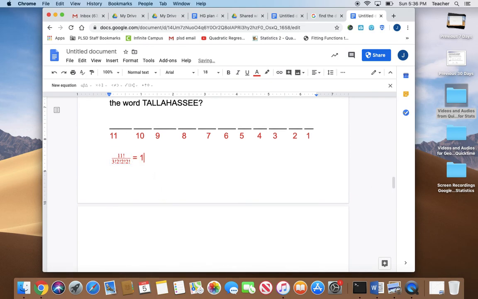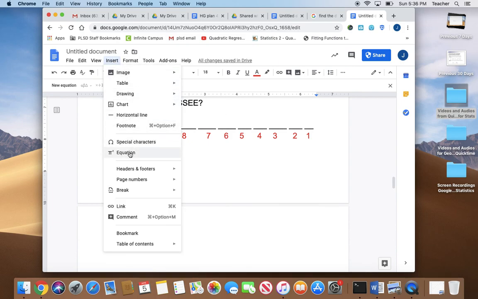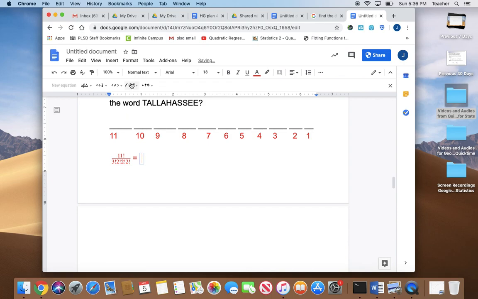So in this case, I know that 11 factorial is the same as 11 times 10 times 9 times 8 times 7 times 6 times 5 times 4 times, and I'm going to write 3 factorial here because I know then there's a 3 factorial on the bottom, and those could cancel. So then I'd have 2 factorial, 2 factorial, 2 factorial.